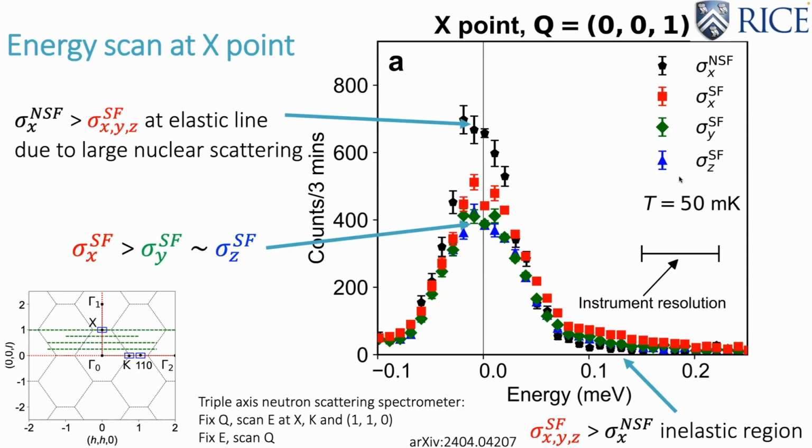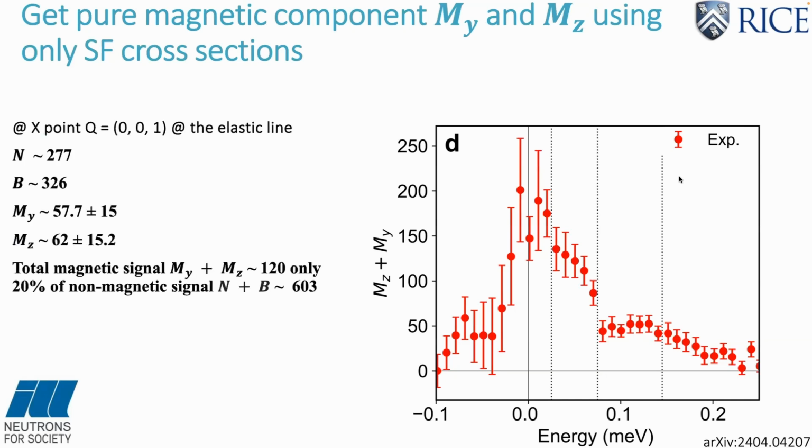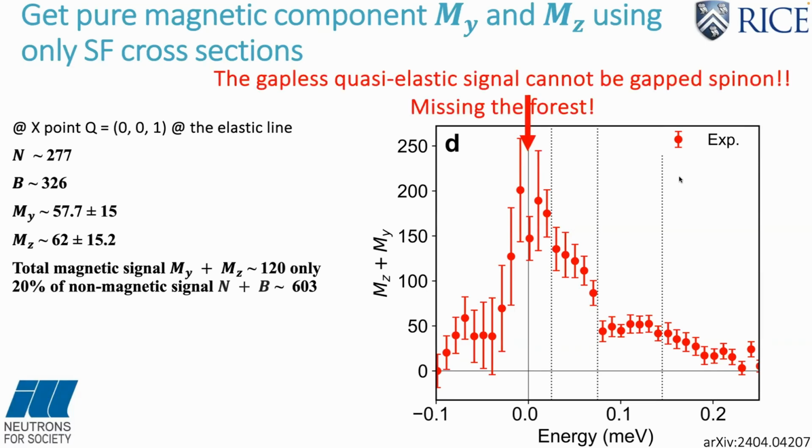This shows why the spinon continuum can be observed using the high temperature background subtraction method. This is the pure magnetic signal after we subtract the background. You can see that the pure magnetic signal is only about 20% of the non-magnetic signal.